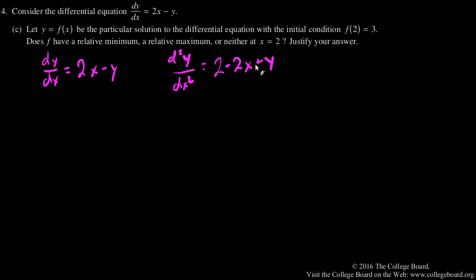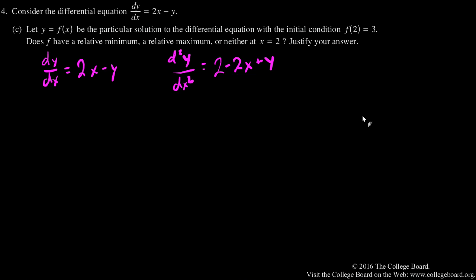And the way we know if we have one of these is the following. If the first derivative equals 0 and the second derivative is positive, we'll have a case like this and get a minimum. If the first derivative is 0 and the second derivative is negative, we'll get a case like this and we'll get a maximum.